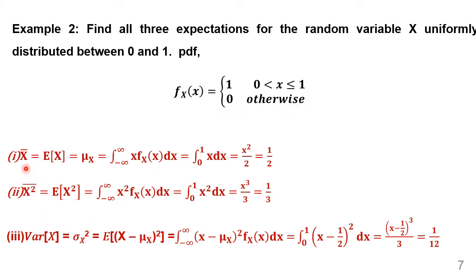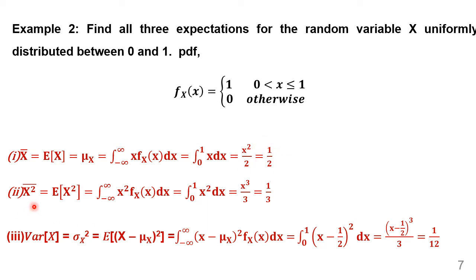So we calculate the first one, x bar, that is the expectation of x, that is mu x, which is the integral of x fx of x dx, that is the integral of x dx, that is equal to x square by 2. When we apply the boundary conditions, we get this as half.